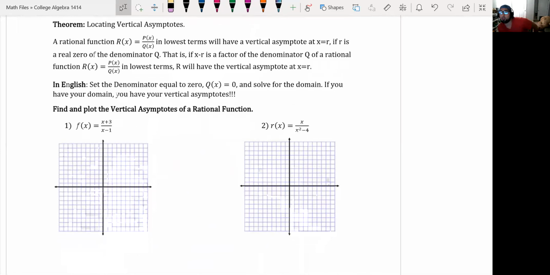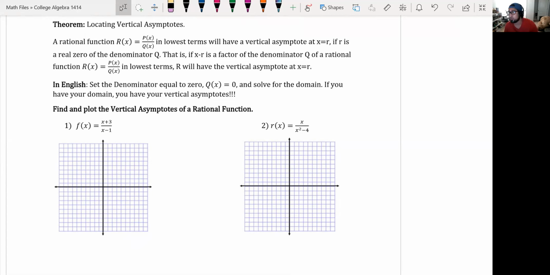Locating vertical asymptotes. I'm not even going to read this paragraph to you because I'm going to make it really, really simple. I'm just going to read the in English part to you down below. How do you find a vertical asymptote? Easy. You set the denominator equal to 0 and you solve for x. Whatever x values you get, guess what?